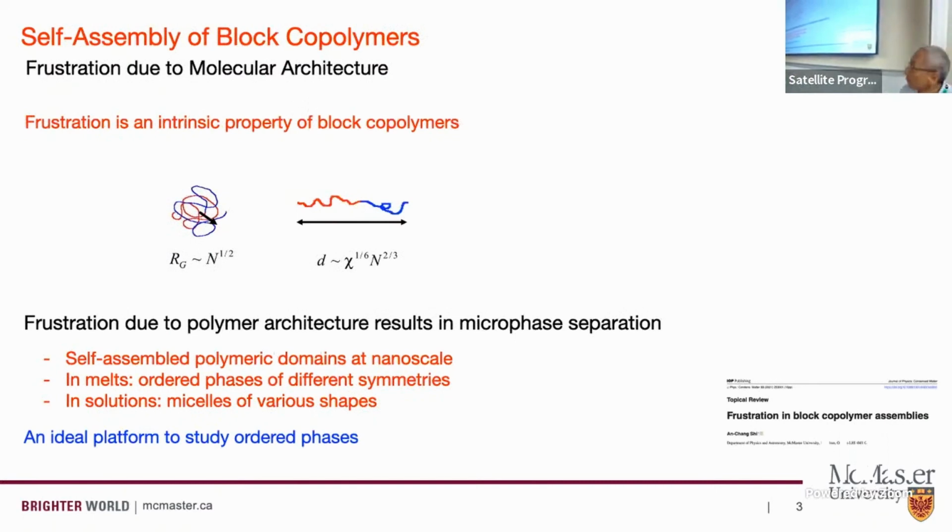Now, in terms of molecular level frustration, it's actually very straightforward. The idea is that if you have a copolymer chain which has, say, red and blue parts, and in general they don't like each other, there's a repulsive interaction.